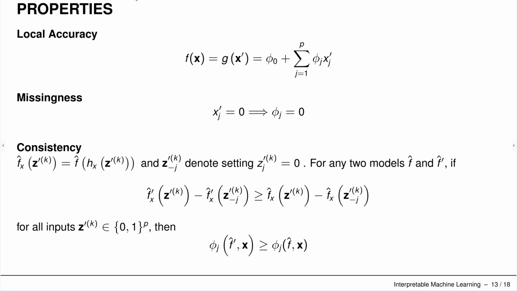So if we have two models, f hat and f prime hat, and if for f prime hat the prediction for a coalition is larger than the one without the feature of interest, that is, if the marginal contribution in the model f prime hat is larger than the marginal contribution of the model f hat, then that means that the Shapley values of f prime hat are always larger than the Shapley values of f hat.